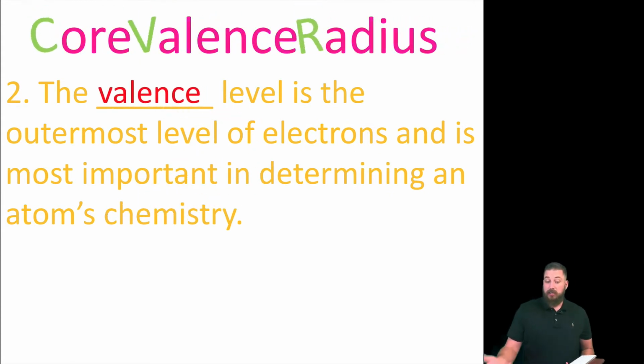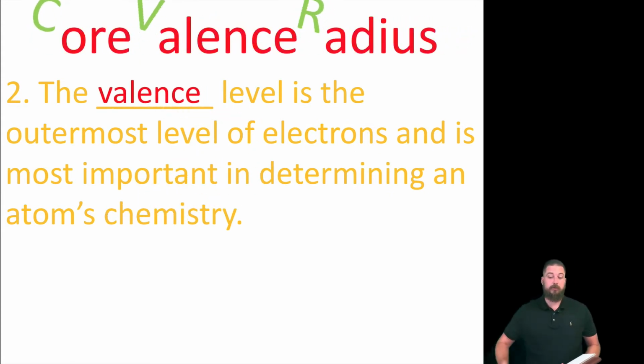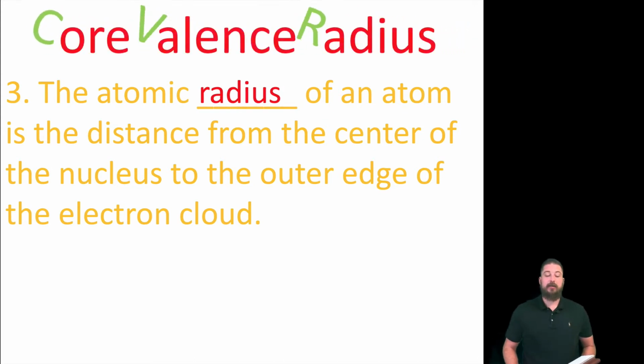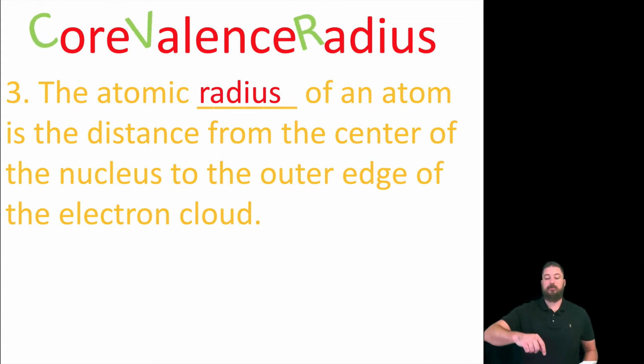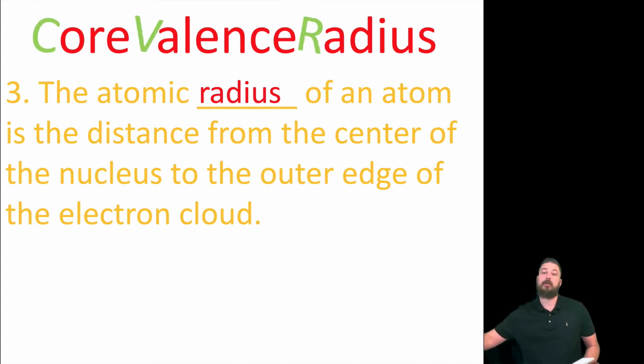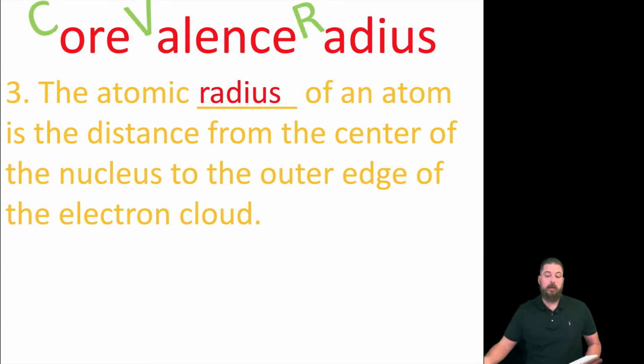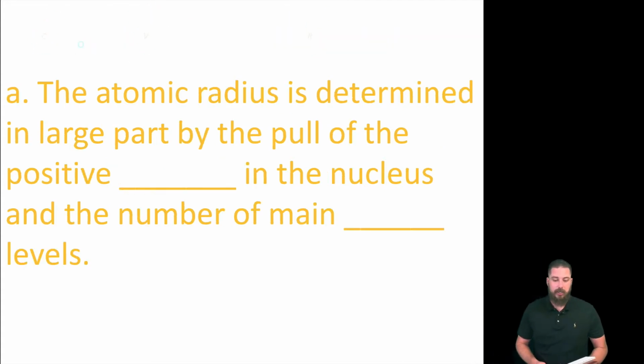Now, the valence level, again, is the outermost energy level and is what determines how atoms react chemically. And the atomic radius of an atom tells you the distance from the center of the nucleus to the outer edge of the electron cloud. And something to keep in mind is that valence electrons are in the outer edge of the electron cloud.